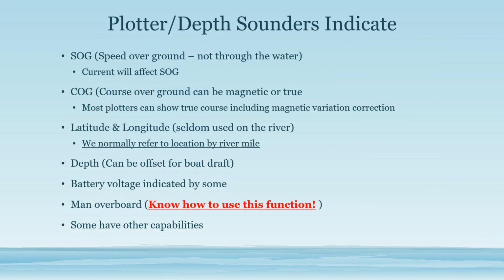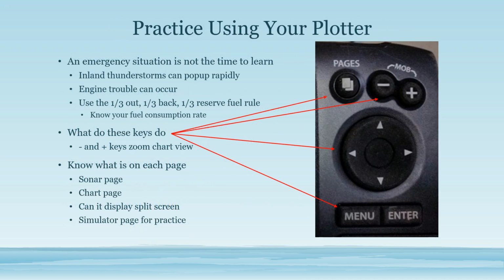These are some of the most frequently used plotter functions, and mine can display Automatic Identification System, AIS, large vessel locations. You should definitely practice using your plotter's functions before you need them in an emergency.